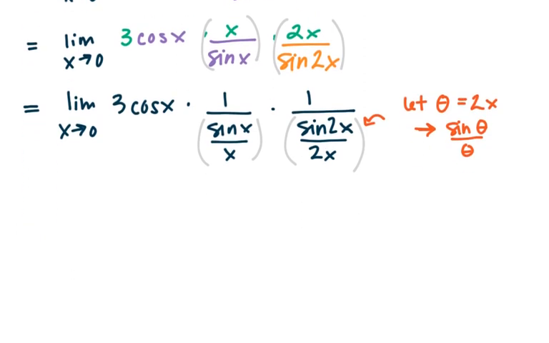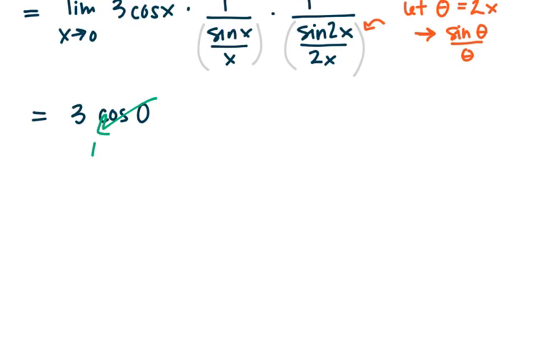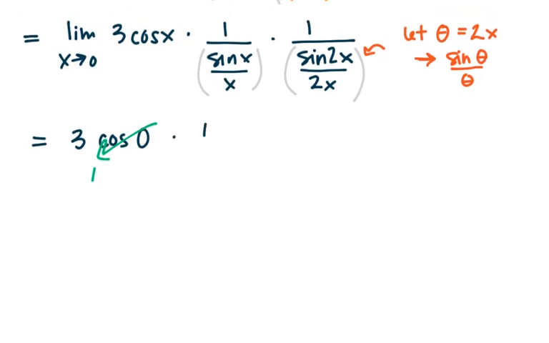So, if we look at this, plugging that in, I would have 3 times the cosine of 0. Cosine of 0 is going to go to 1, times 1 over sine x divided by x.